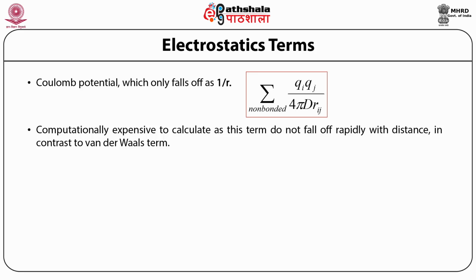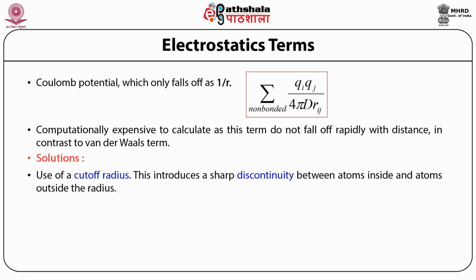However, this term has another difficulty compared to Lennard-Jones, and the reason is that it falls off more slowly, with 1/R instead of 1/R^6. Hence, we require a large cutoff radius, and this requires that it should not be that atoms within the cutoff radius are interacting and suddenly the next atom falls off.